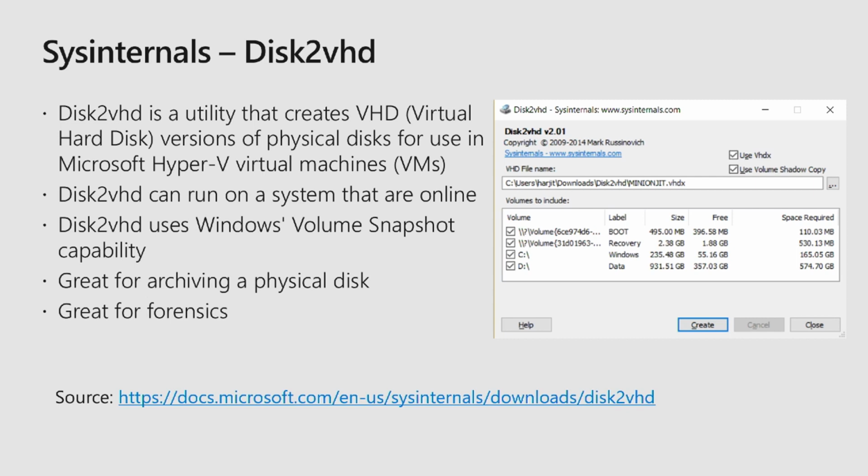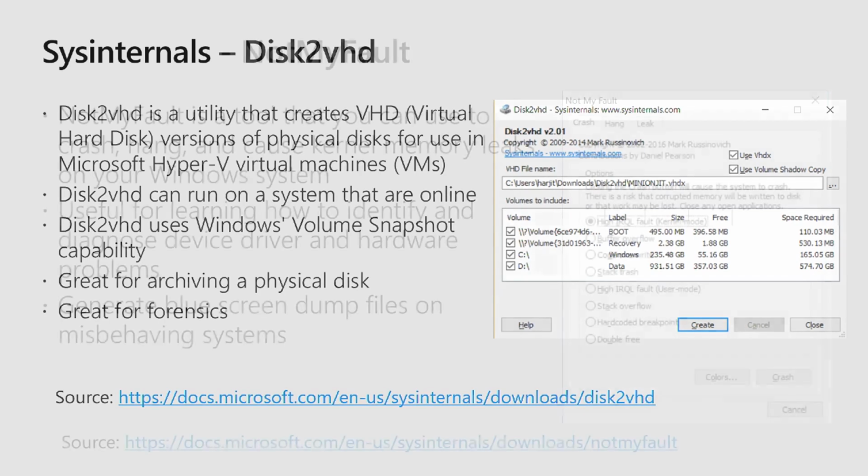So he grabbed the physical hard drive of this machine, put it in an enclosure, plugged it into a system, ran Disk2vhd, converted it to a VHD, put it in Hyper-V, and they were up and running within an hour. Awesome. This is also good for forensics, when you need to capture the system as a whole for archiving and stuff like that. So definitely use this. Okay?